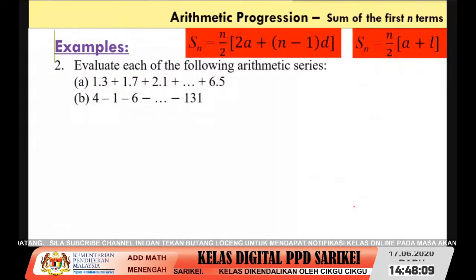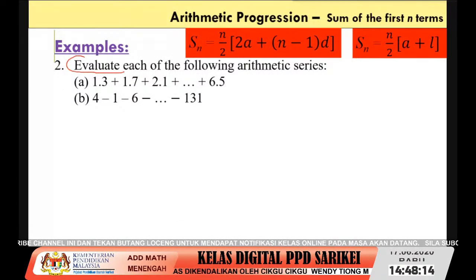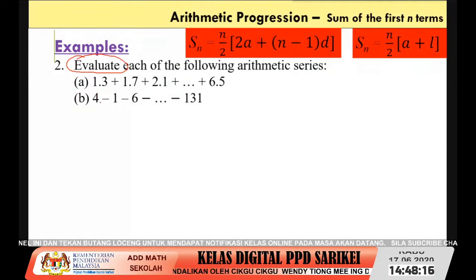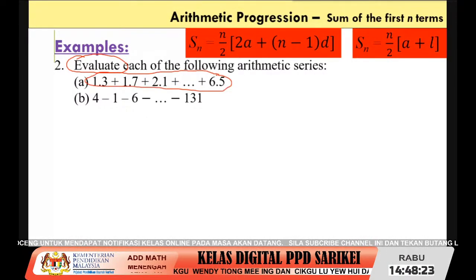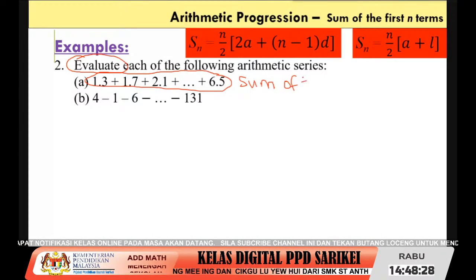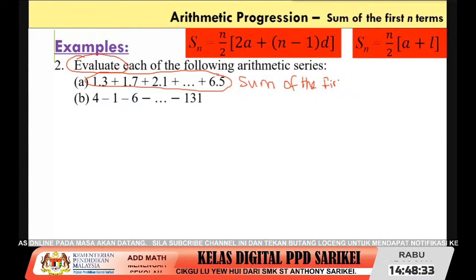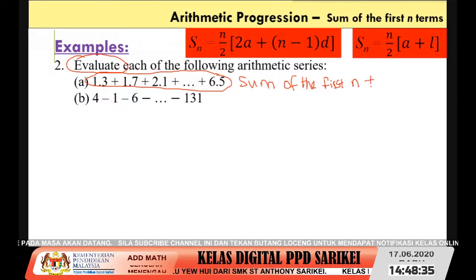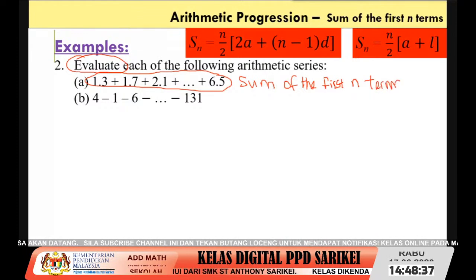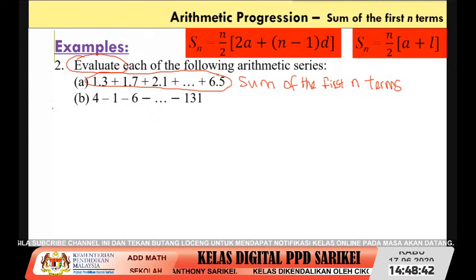Next, number 2: evaluate each of the following arithmetic series. How do you evaluate? 1.3 plus 1.7 plus 2.1 plus dot dot dot until plus 6.5. Actually this means find the sum of the first n terms. So this question is actually the same as question 1.